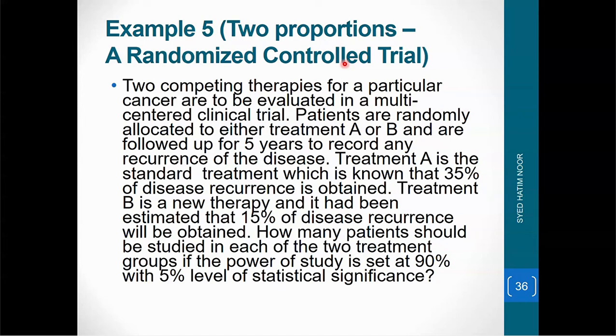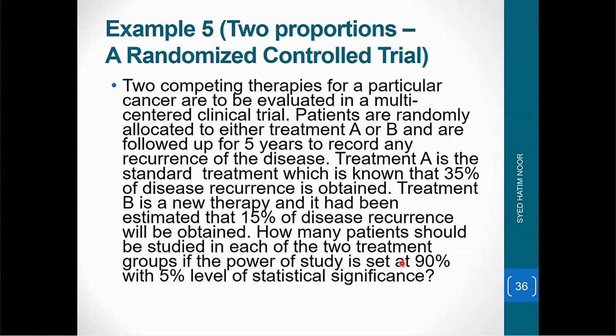If, let's say, you estimate 45%, what is the purpose of doing the study? We want the disease recurrence to be less if we use the new treatment. That's why you estimate it to be less, 15%. This is your estimate of disease recurrence using the new therapy.